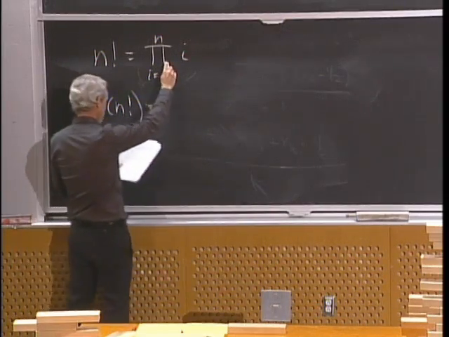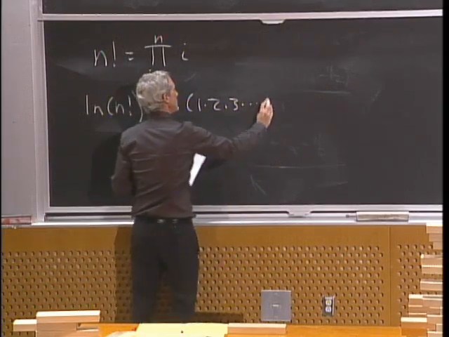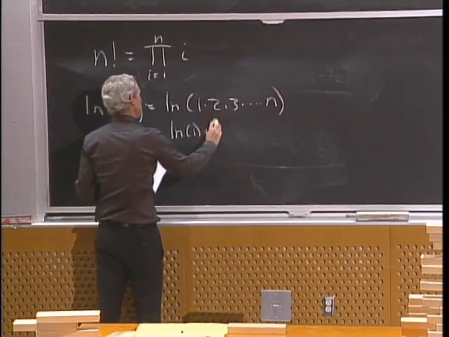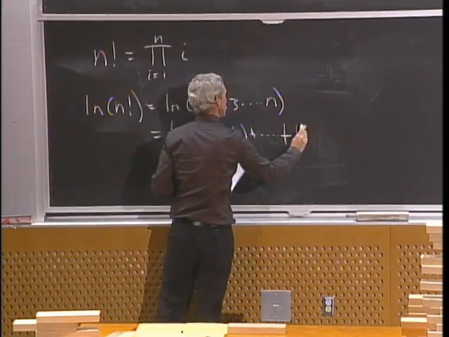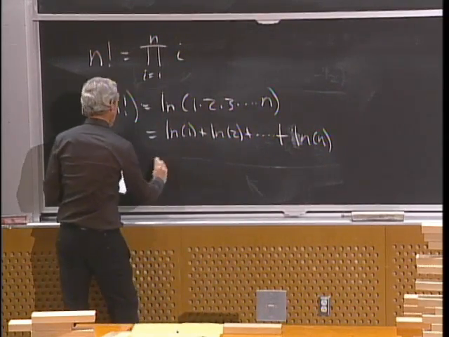Well, that's just, let's write that out, log of 1 times 2 times 3 to n. That equals the log of 1 plus the log of 2, and so on. All right, so I've now got a sum.